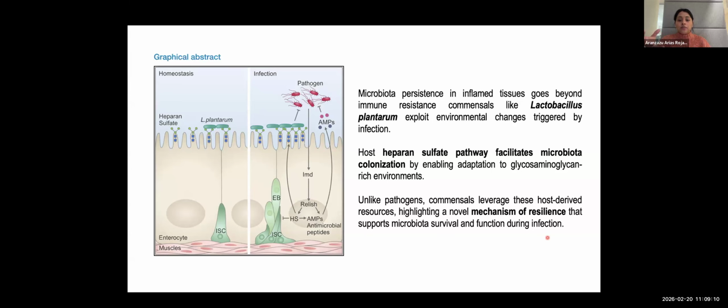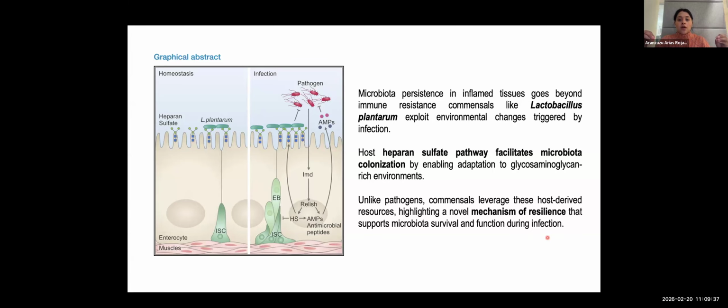Interestingly, if you look at this from an evolutionary point of view, unlike pathogens, microbes like Lactobacillus can thrive. One of the things we also observe is that this is really coupled with the host, because the more Lactobacillus loads you get within the gut of Drosophila, the longer the lifespan of the fly.